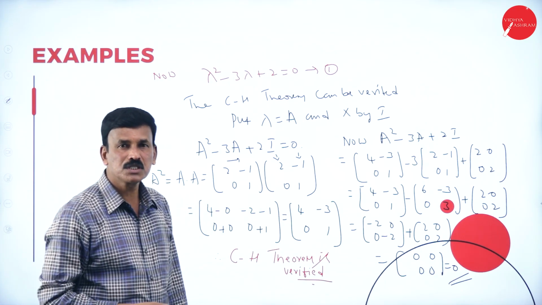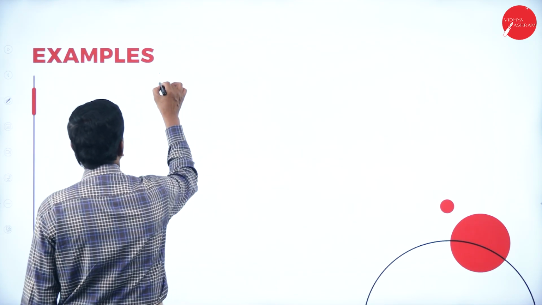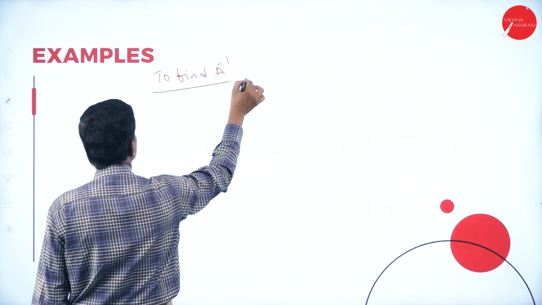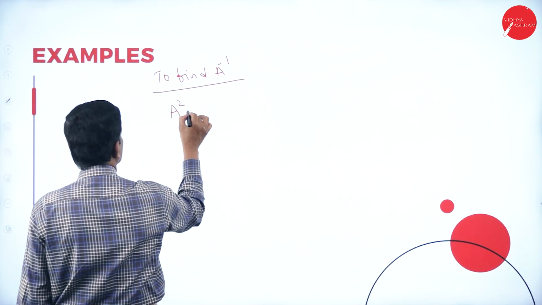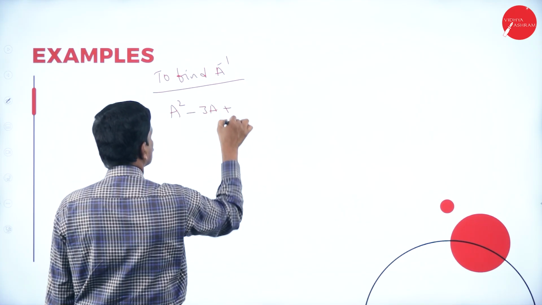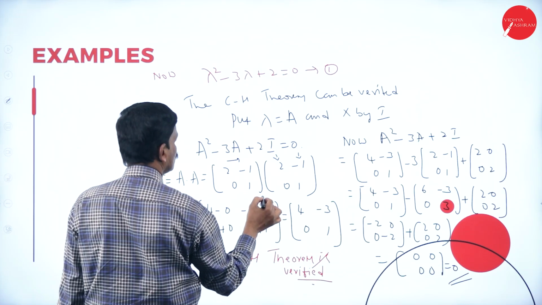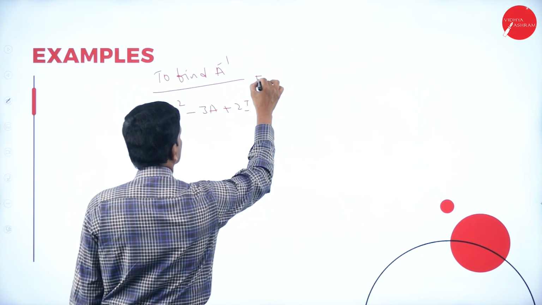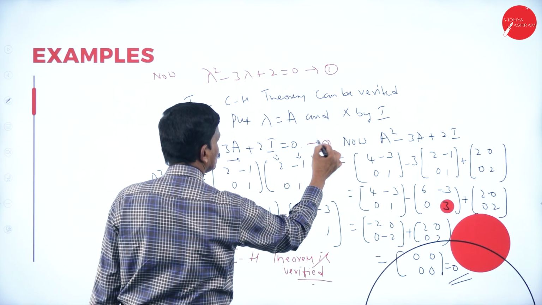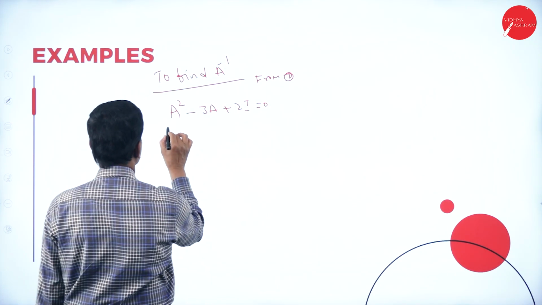Now, the next part of this problem is to find the inverse. To find A inverse, what do we have? A square minus 3A plus 2I is equal to 0, from equation number 2. From 2 we have A square minus 3A plus 2I equal to 0.